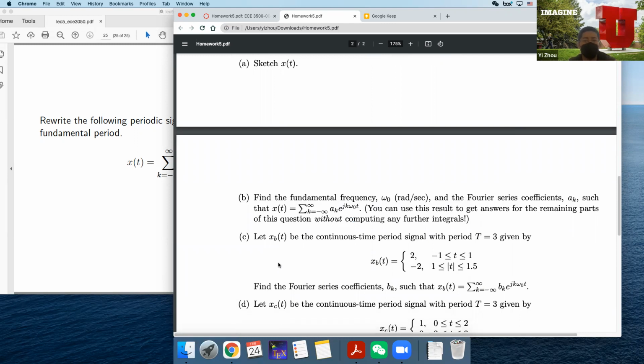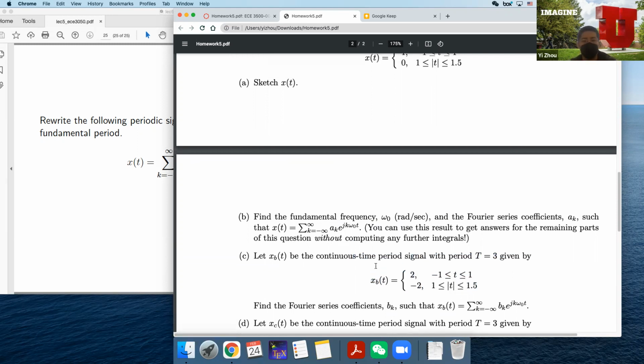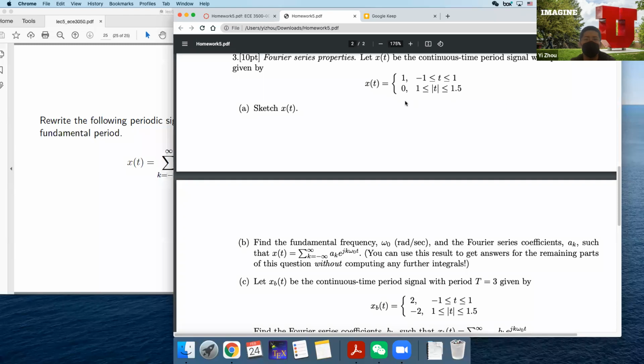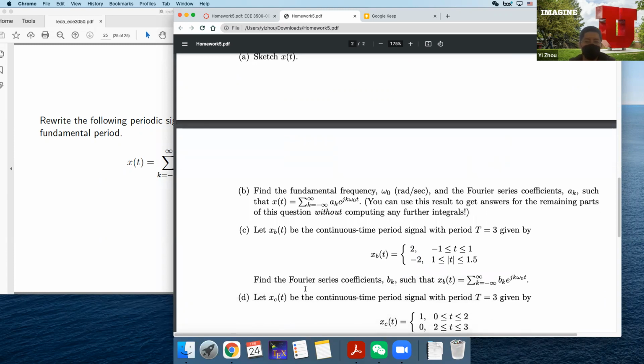Part C is to let xb(t) be the continuous signal given by this one, which is a little bit different from x(t), right? Because they have different values in these different intervals. Find the Fourier series coefficient bk of this signal.